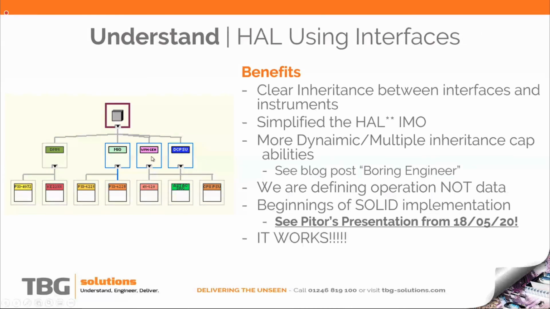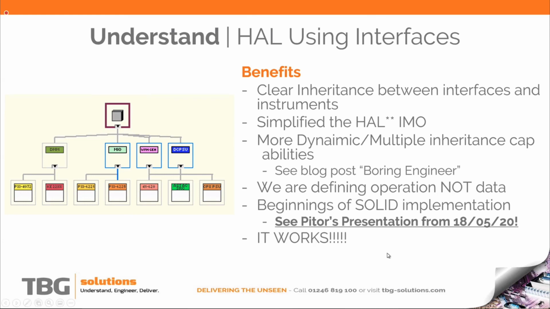We're just inheriting directly from the interface itself. Now, some may argue that you may well want an abstract class that is an AC source. That's fine for me. That's just an extra layer that you don't need, because what functions are you going to be serving in that? I don't know. We're defining the operation, not the data. It also is the beginnings, I guess, of SOLID implementation.